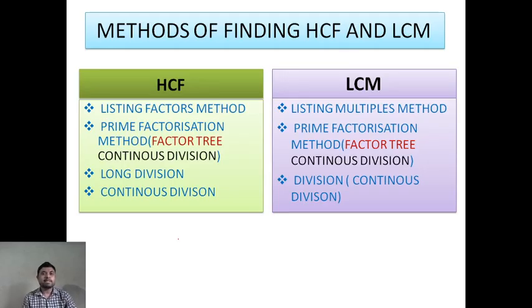Now just a summary of the methods of finding HCF and LCM. Look, by which method can we solve HCF, and by which LCM? By the listing factors method we can find HCF. By the listing multiples method we can find LCM. By the prime factorization method we can find HCF, and by the prime factorization method we can also find LCM.